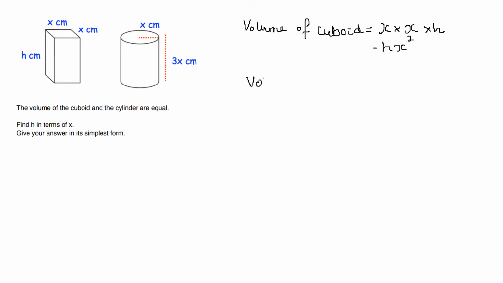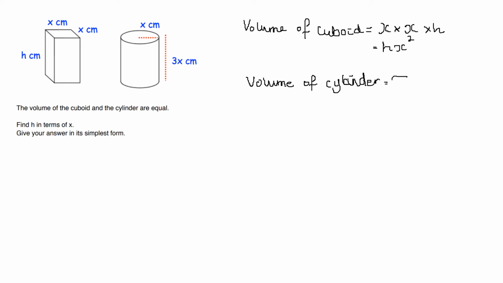Volume of a cylinder, that's pi r squared, so the area of the circular face at the top, multiplied by the height. So the volume of a cylinder is pi times r squared times height.